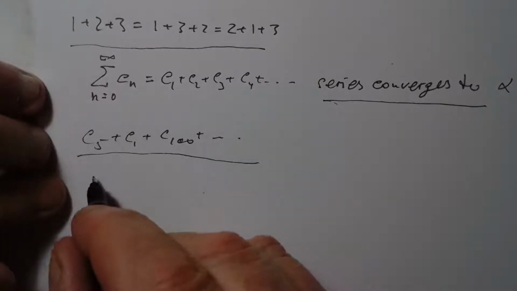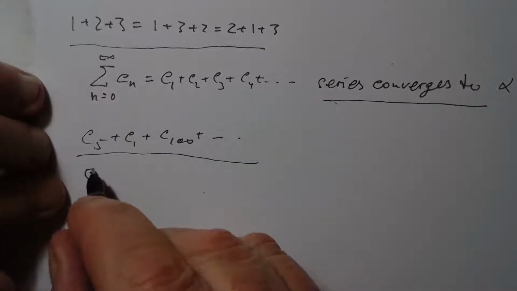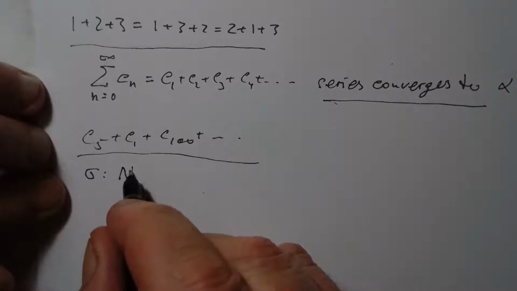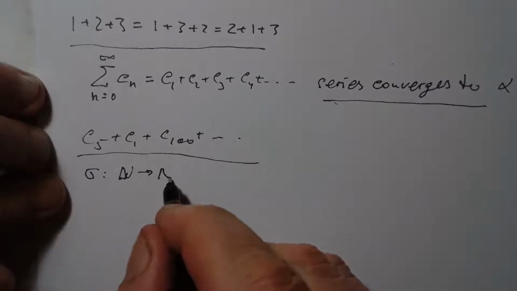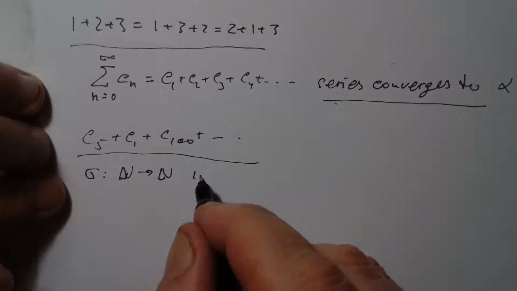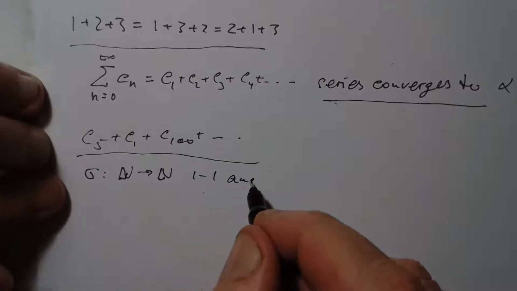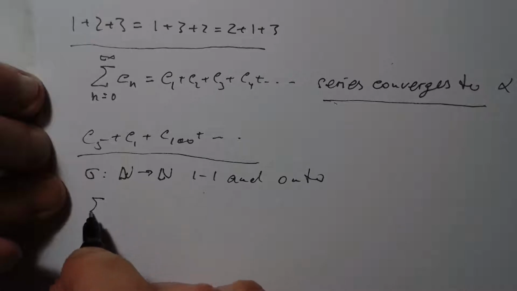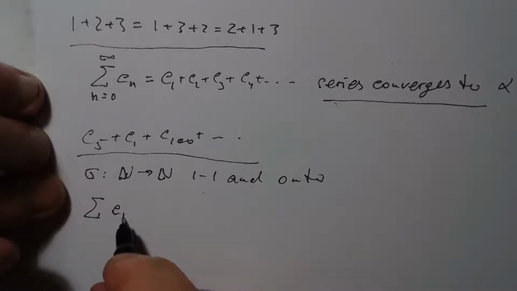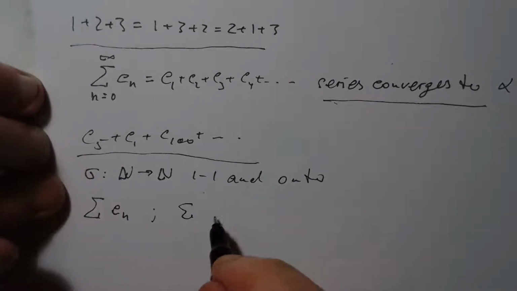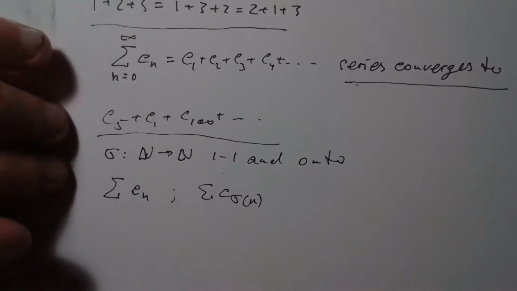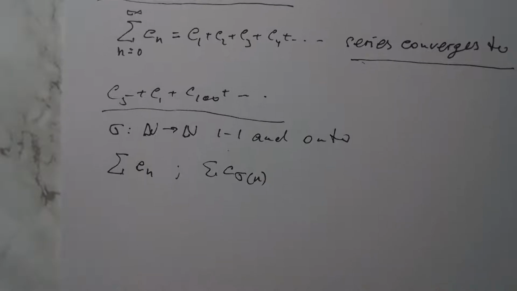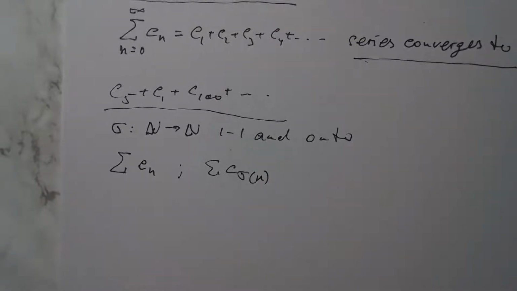So one way to define it is about permutation. So sigma is a mapping from, say, natural numbers into natural numbers, which is 1 to 1 and onto. And I'm looking at the series sum of Cn and the sum of C sub sigma of n. So whatever sigma of n is, it's some number, and I'm adding these numbers in this particular order.